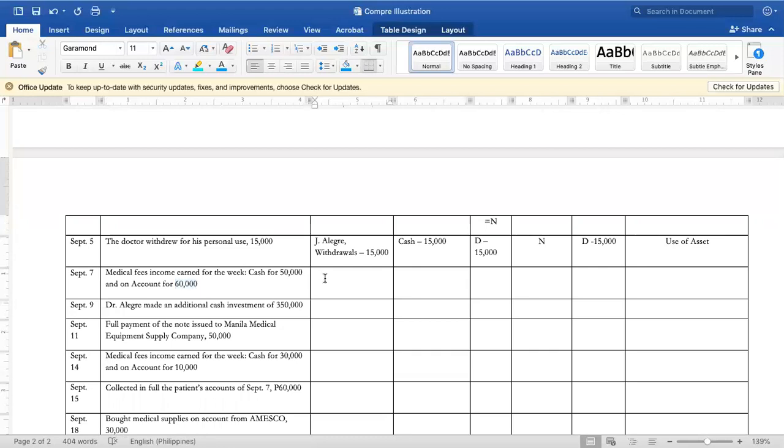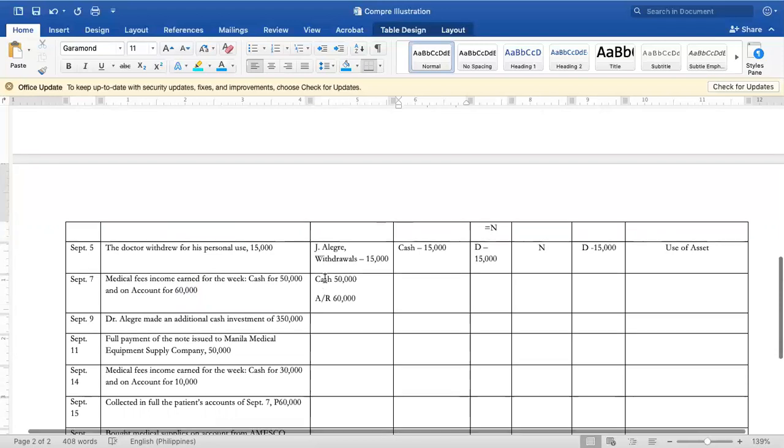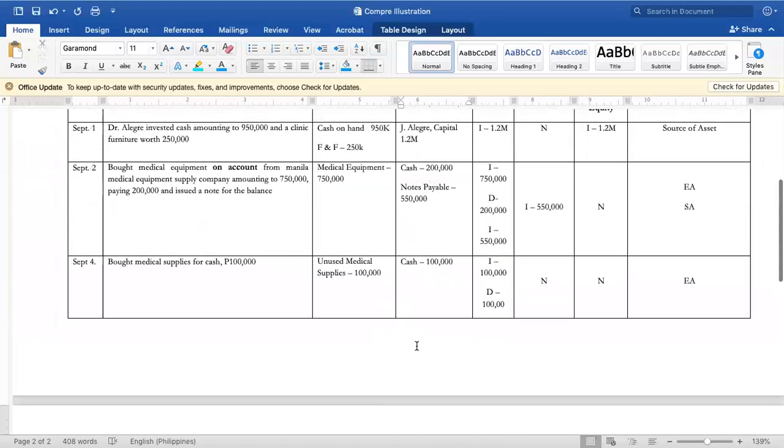So therefore, what did we receive in the transaction? We receive cash. That's 50,000. At the same time we have a receivable, how much is receivable. That is 60,000. Question, what do we credit? The service that we rendered. So that's cash.